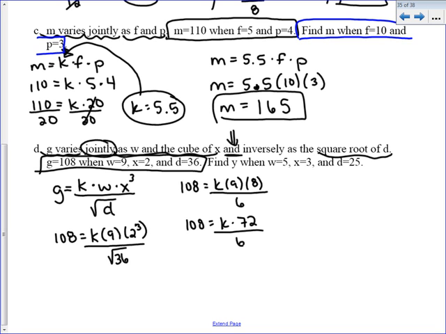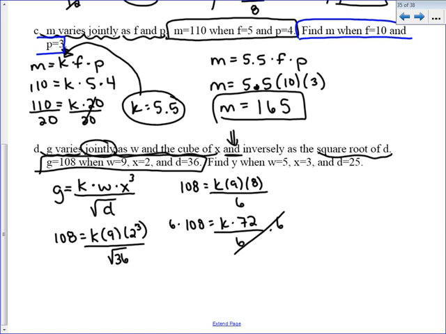Now there are a couple different ways you could finish solving this. Just to be consistent, when we had a denominator of 6, how did we get rid of the denominator? Multiply both sides by 6. So if you have one of your numbers in the denominator, just multiply both sides by that number, and then you can get rid of the fraction. That actually goes all the way back to unit 2.